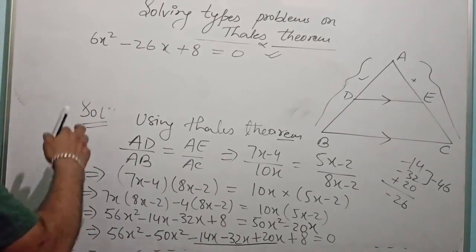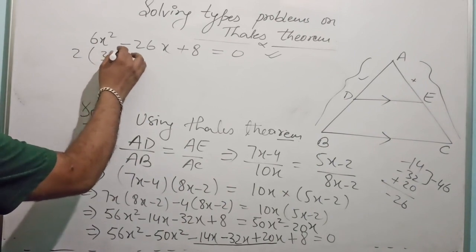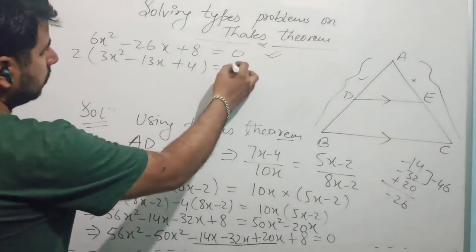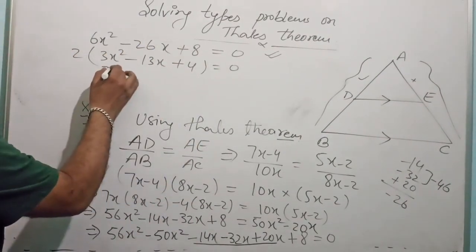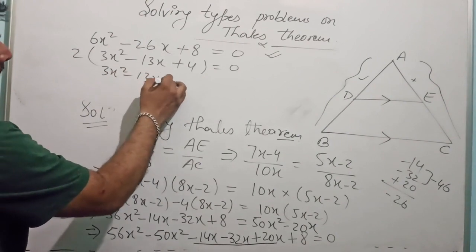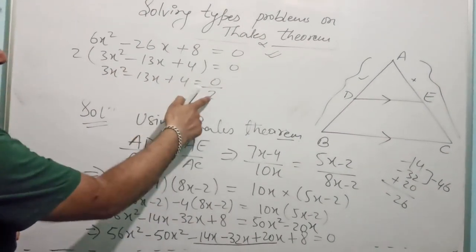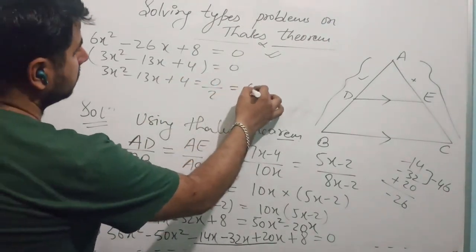So first you are going to take a common factor here. 2 will be common, this will be 3x square, this will turn into 13x, this will turn into 4, equal to 0. Now this 2 is a multiple, it will go that side and turn into divide, and we know that 0 divided by anything gives 0.